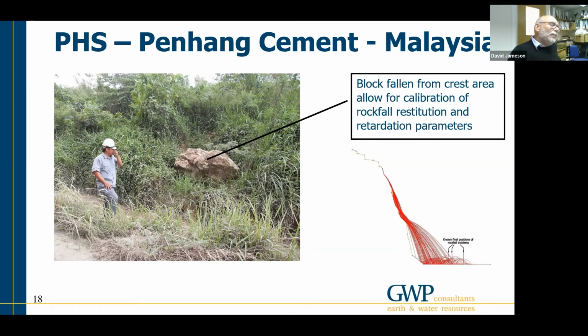So if you've got rocks which have fallen down the slope and you can look at where they impacted at the floor, and higher up on the slope, you might be able to analyze where they come from and get some realistic parameters for inputting into your model.